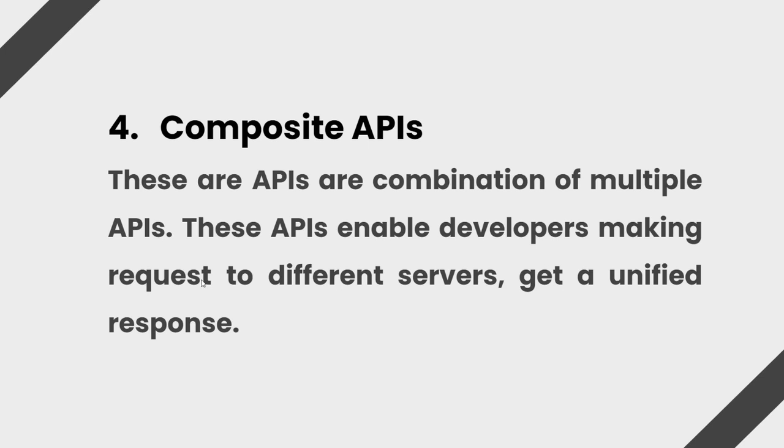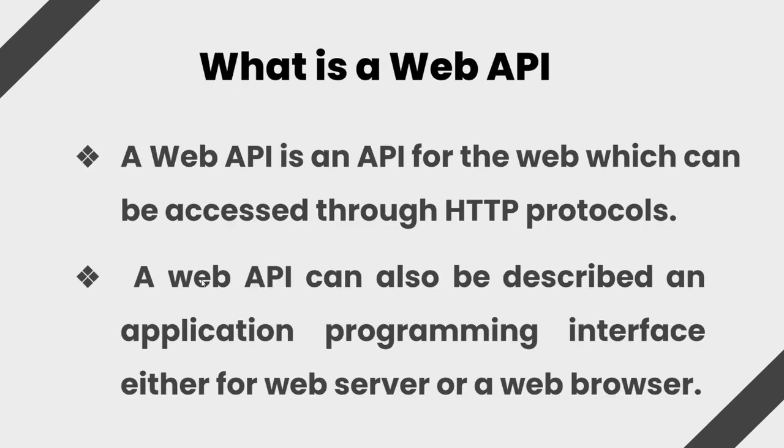So enough with that, let's look into web APIs. So what is a web API? A web API is an API for the web, and it can be accessed through HTTP protocols.